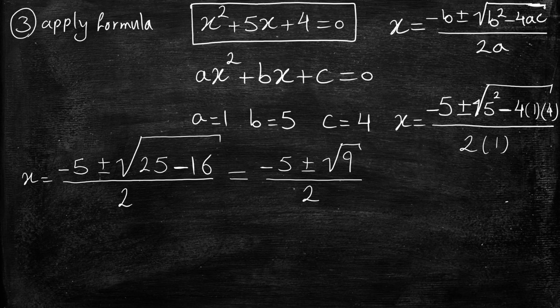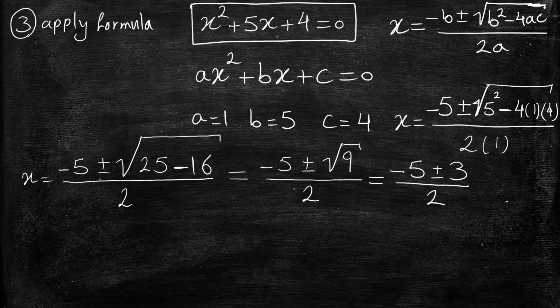So for the square root of 9, we ask what number multiplied by itself will be 9. 1 times 1 is 1, 2 times 2 is 4, 3 times 3 is 9. So the answer is 3. So minus 5 plus minus 3 divided by 2. Square root of 9 is 3.